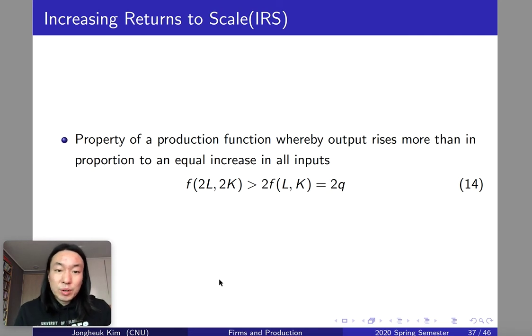So the output will be larger than the proportional increase of your expected returns, Q. Okay.